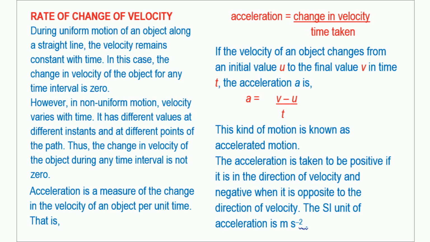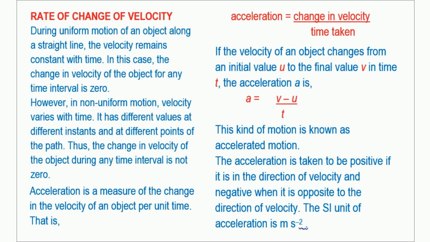But first of all, students, you are familiar with this word acceleration, because in a vehicle, whether it is a two-wheeler or four-wheeler, you know that there is an accelerator. That word accelerator is very much related to acceleration. You know the purpose of the accelerator is to accelerate, that is, to increase the speed, correct?